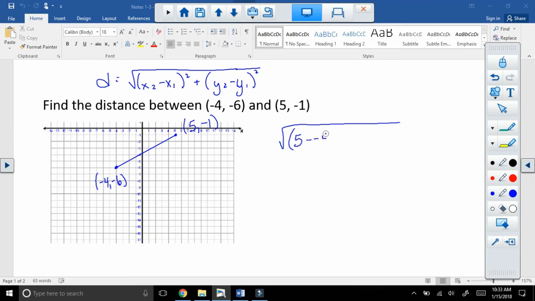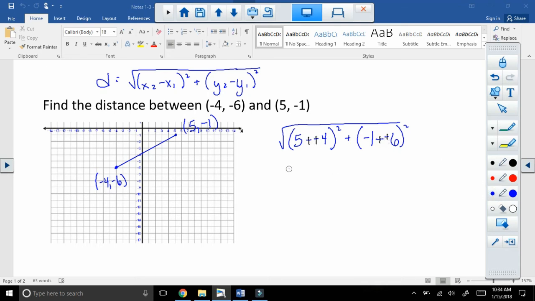And it doesn't really matter what order you're subtracting these because we're going to square it and it'll make it positive either way. So the two x values and then the two y values. So -1 minus -6 squared.